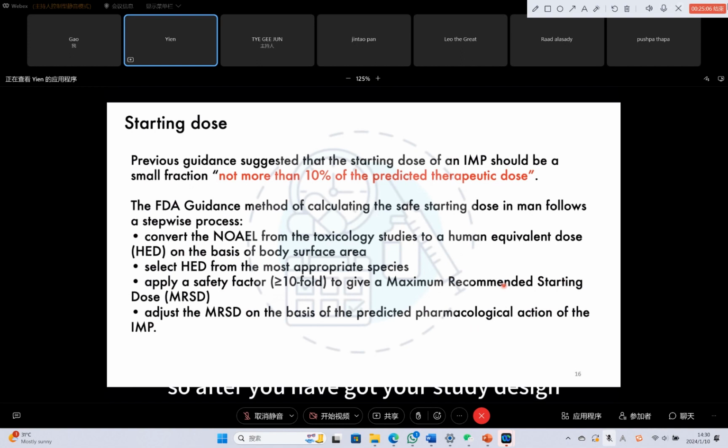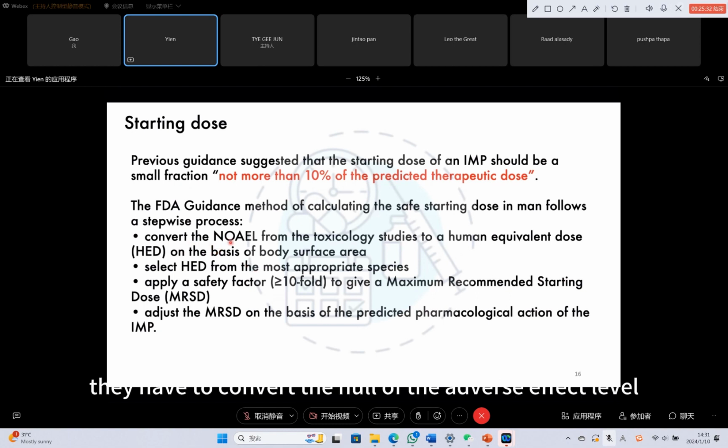After you have got your study design, you have to determine the starting dose for first in human, right? Because previously you were always testing on animals. So what is the starting dose in human? Previous guidance recommended that the starting dose should be not more than 10% of the predicted therapeutic dose. If you look at FDA guidance, they have recommended a stepwise process as shown here.